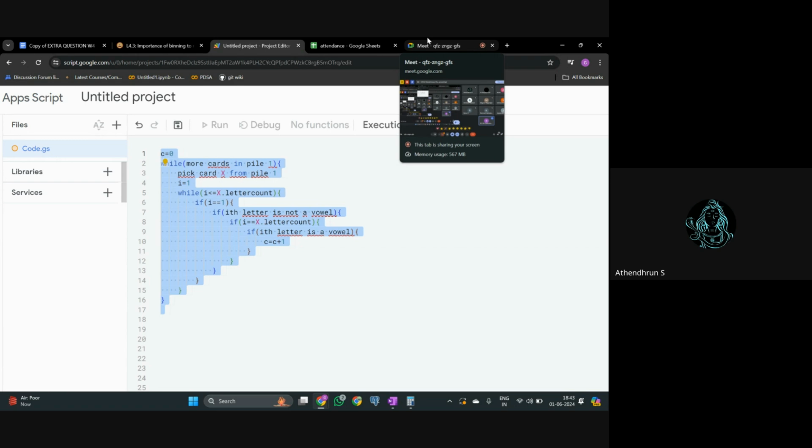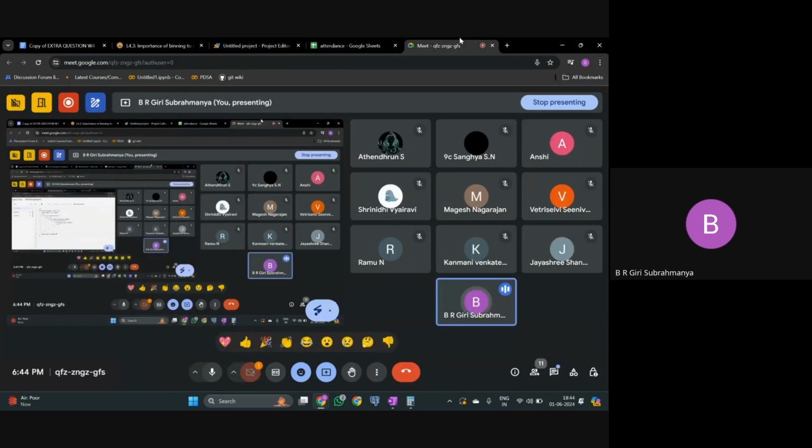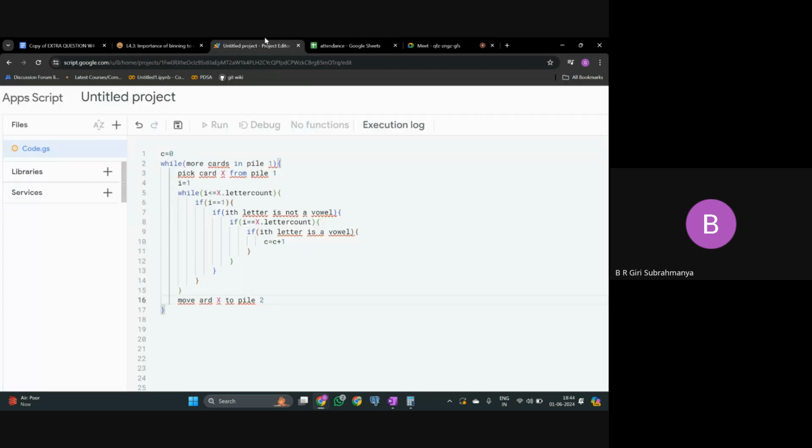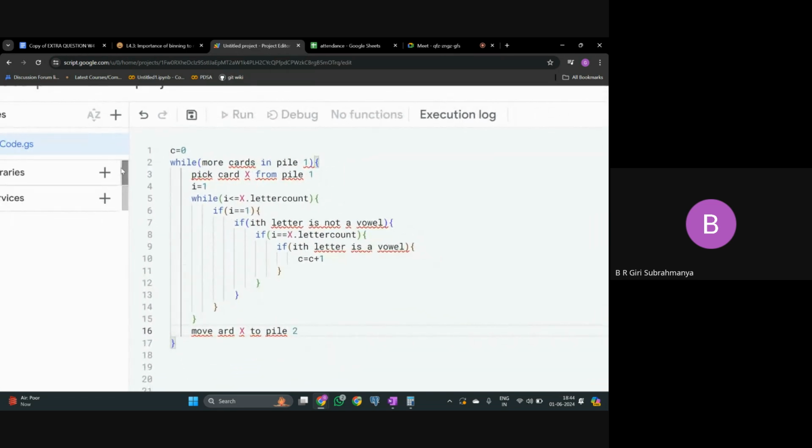Sir, move card X to pile 2. Okay, that is fine. Move card X to pile 2. Others, do you all agree with this code? Is there any change which we can do to this code?